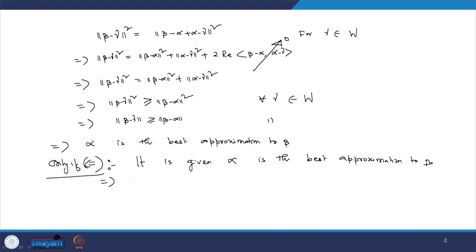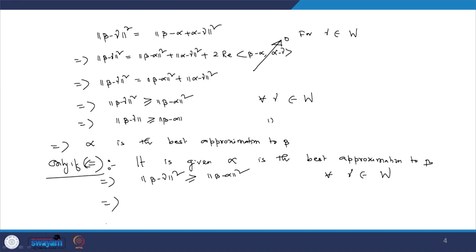So, this implies norm of beta minus gamma whole square is greater than or equal to norm of beta minus alpha whole square for all gamma belonging to W. It is given to us.